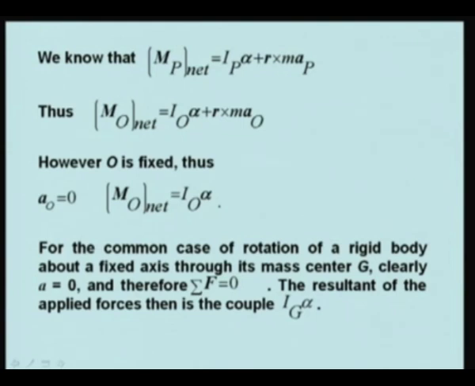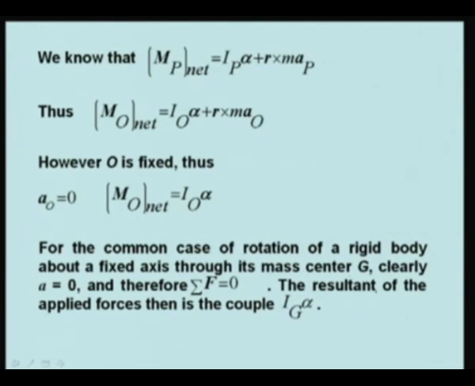Now for the common case of rotation of a rigid body about a fixed axis through its mass center G. If you have a rotation of a rigid body about a fixed axis passing through the mass center G, then in that case A will clearly be 0 and therefore sigma F is equal to 0.